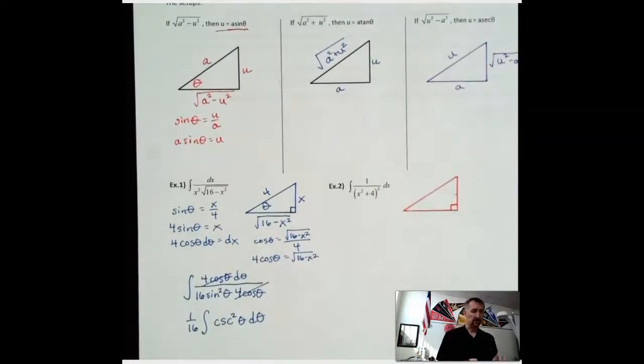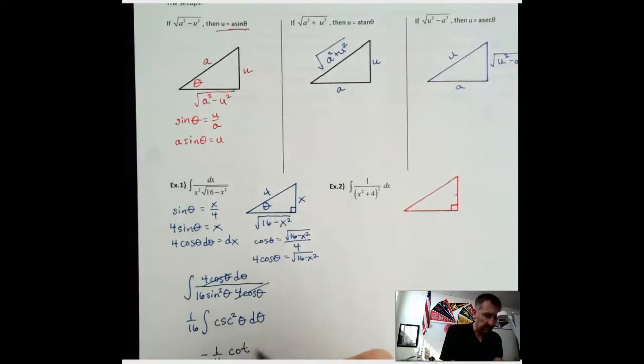Now the integral of cosecant squared would be what's the derivative of something that equals cosecant squared? So the derivative of tangent is secant squared, so the derivative of cotangent is cosecant squared. So that's going to be negative 1/16 cotangent plus c.